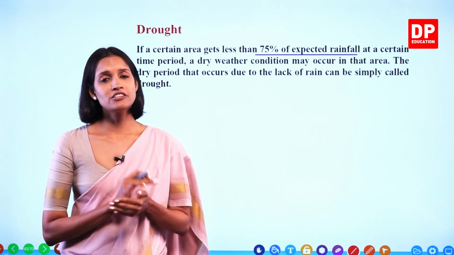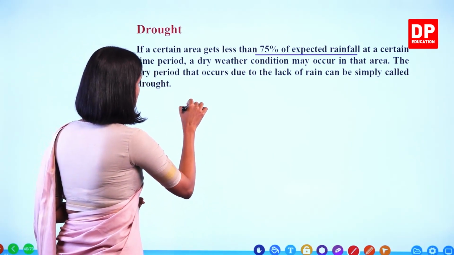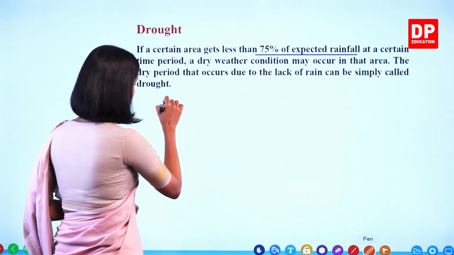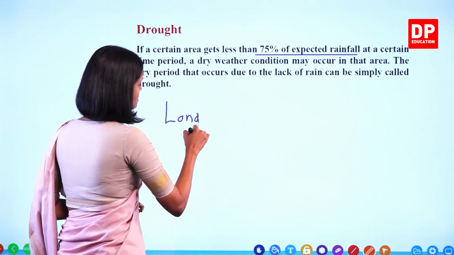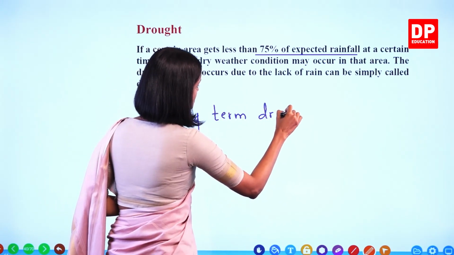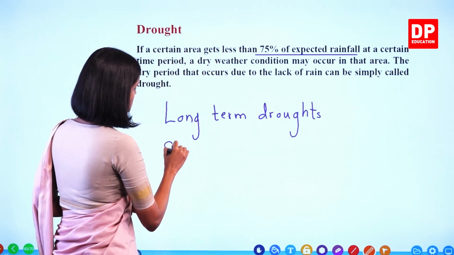So when we consider droughts, there are two different types of droughts. What are they? Long-term droughts and short-term droughts.